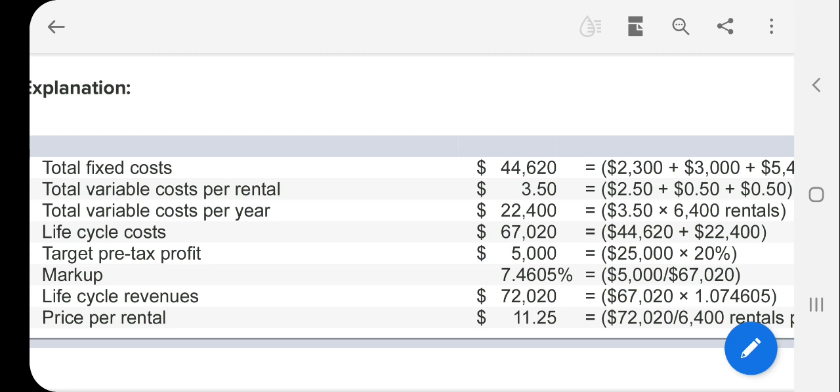So the thing is, in 1 year, the business has to pay $67,020 cost, plus the business wants the profit or markup of 5,000. So see here, the markup is 5,000 over 67,020, that is the cost.